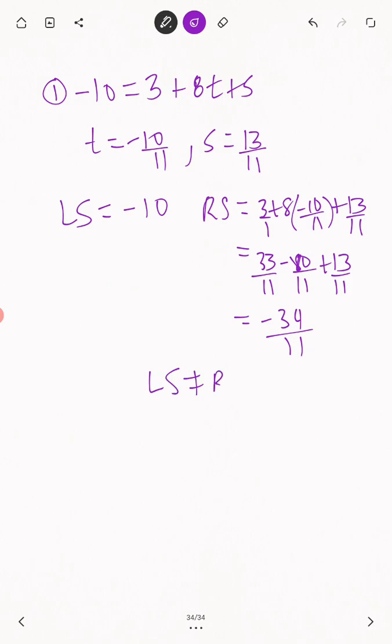So the left side does not equal the right side, and therefore values of s and t that satisfy all 3 equations do not exist, and so therefore negative 10, 8, negative 6 does not satisfy all 3 of the parametric equations, and therefore is not a point in the plane.